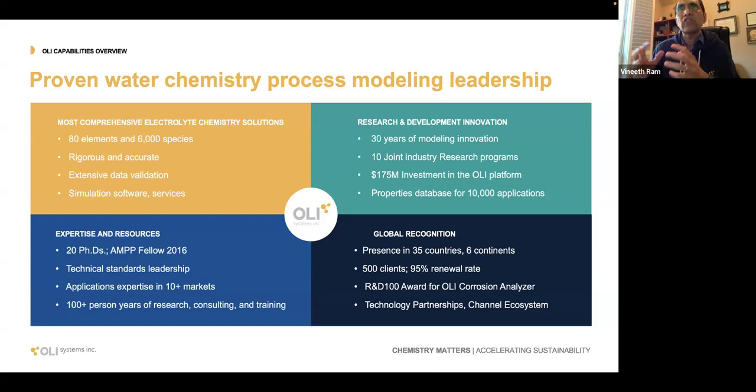In addition, we've been doing tremendous research and development innovation for over 3 decades in strong partnership with academia, national labs, universities, and government organizations. We have scientists like Gaurav who are responsible for thermodynamic and kinetic modeling. We also have application engineers and solution architects who deliver real-world solutions to our customers.